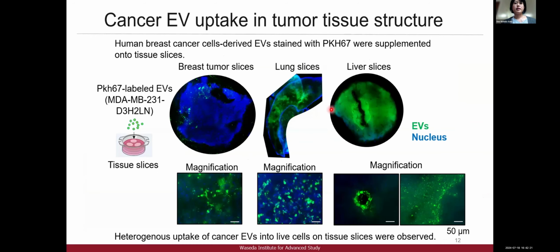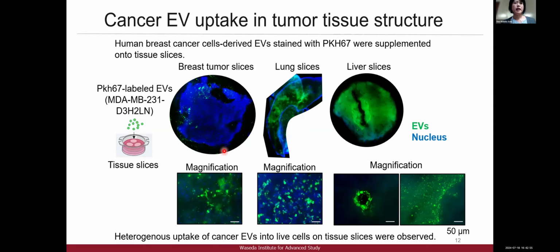To first check whether I can use this tissue slice culture for EV observations, I supplemented the EVs, collected and isolated from the breast cancer cells. I stained the EVs with the PKH dye, a green fluorescent dye called PKH67, and supplemented them to this tissue slice culture of the breast tumor slices or lung slices or liver slices.